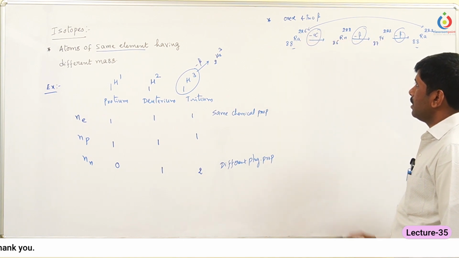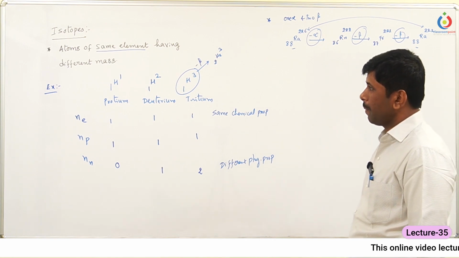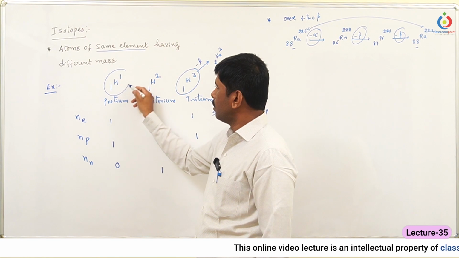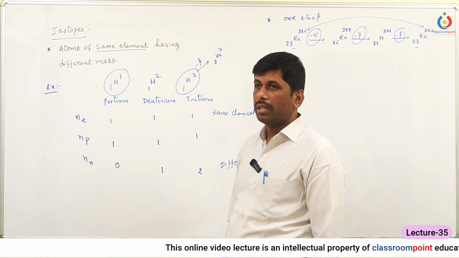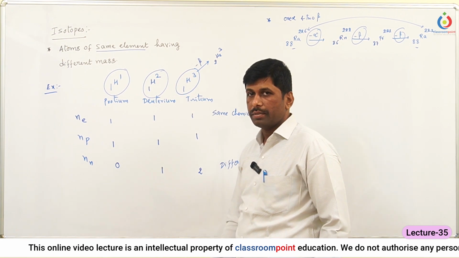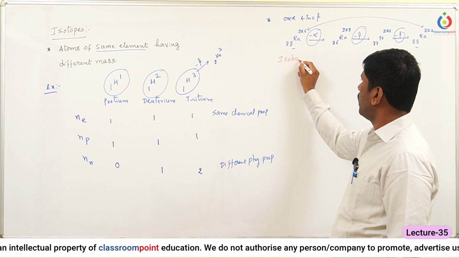So atoms having the same atomic number and different mass number are known as isotopes. Usually the more stable isotope is more reactive than the heavier isotopes of that particular element. Now let us see about isobars.